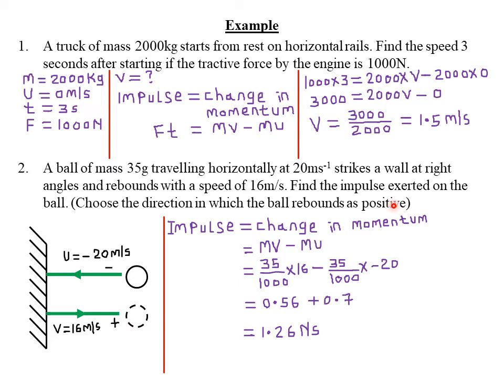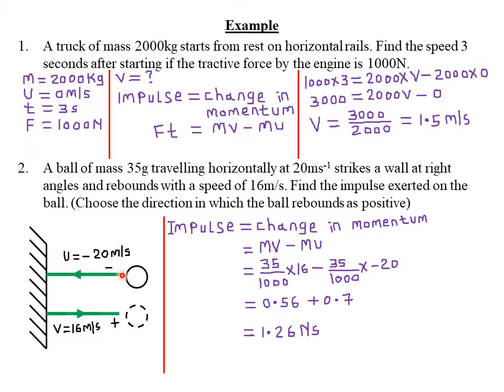So remember, in this case, we are told that a ball of mass 35 grams is traveling horizontally at 20 meters per second. Then it strikes a wall at right angles. So assuming this is my wall, the ball comes initially and strikes the wall. You can see that my angle here is 90.